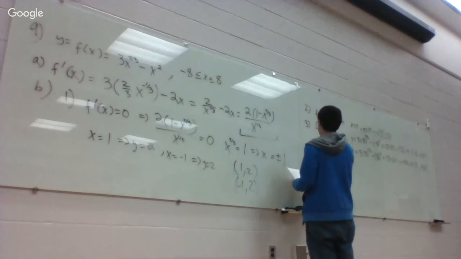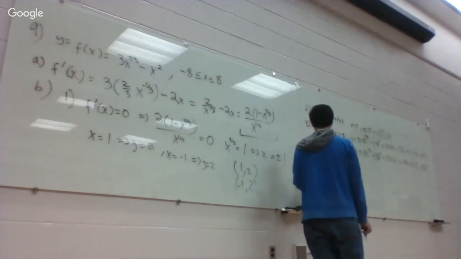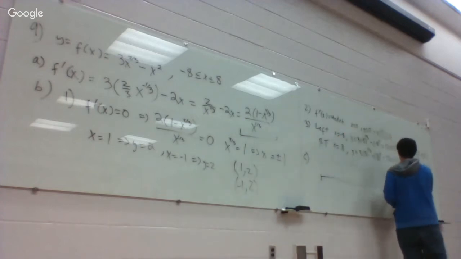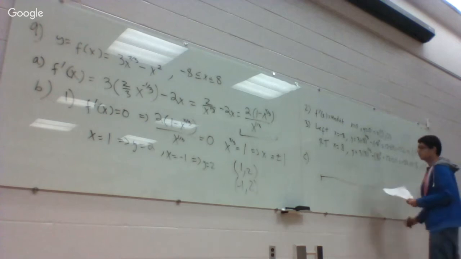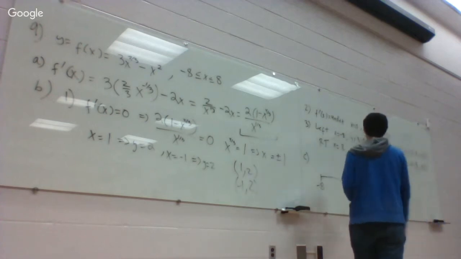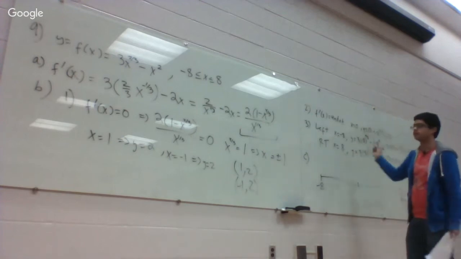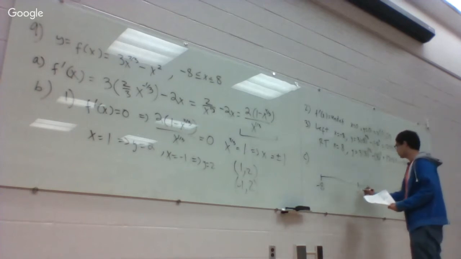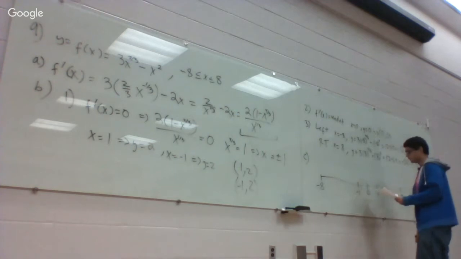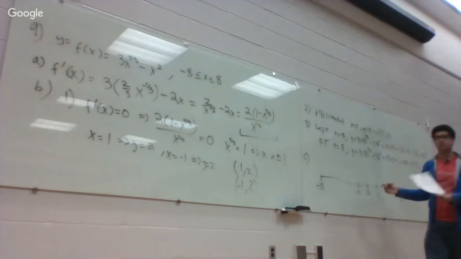Then they ask you to make a sign chart and to clearly justify it. So we have 8 and negative 8 on the ends. In this, we basically mark all the points that we got, all the x values. We have negative 1, 0, and positive 1. You guys should all be familiar with the sign chart.